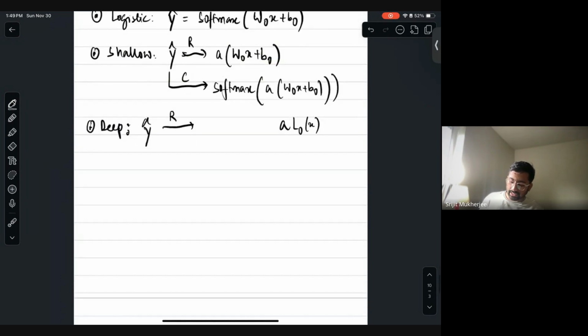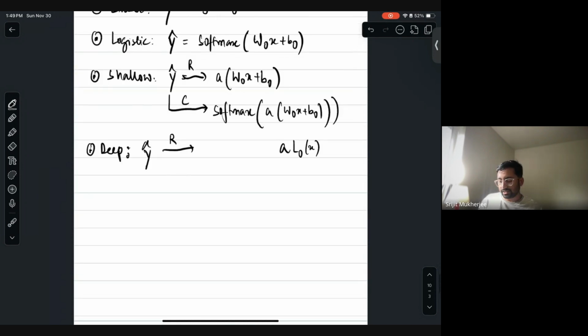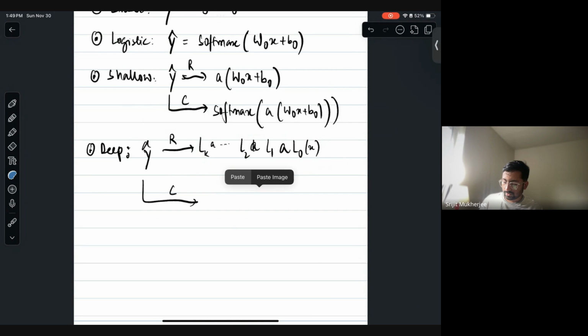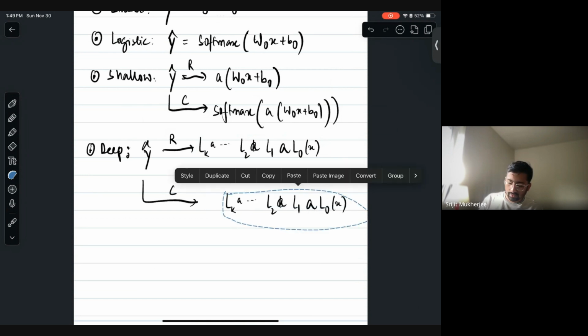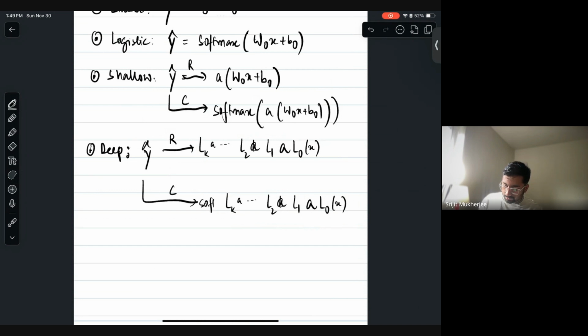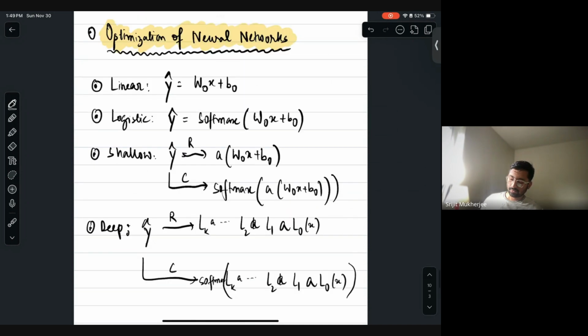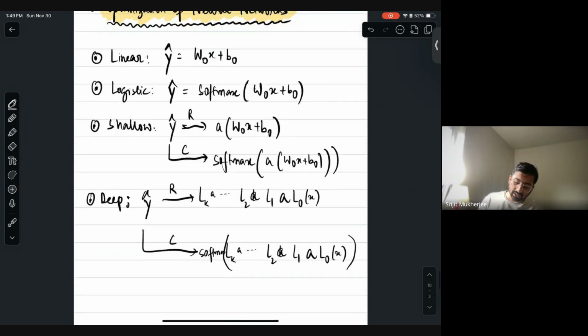So we can write this as an activation of a linear layer, then activation 2, then again a linear layer, and so on until L of k. And then classification is nothing but this, but with softmax. So do you see that these are special cases of this, guys?